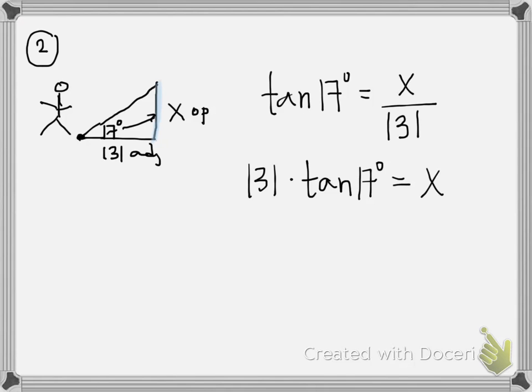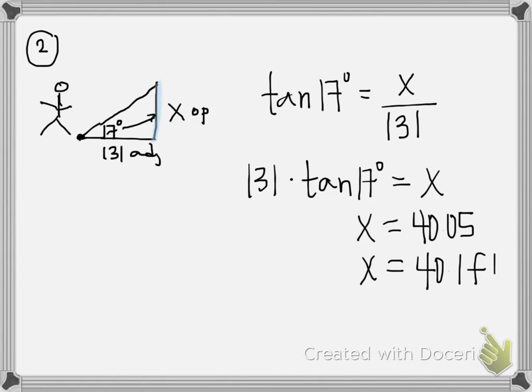Now remember, make sure your calculator is in what setting? Degrees. So that's going to be about 40.05, so that would be 40.1. And what unit are we in? Feet.